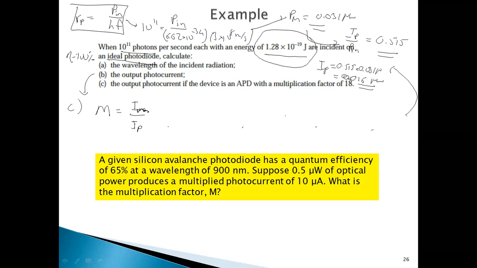IM is the current produced by the impact ionization or avalanche process, whereas IP is the current produced by a normal photo generation process.